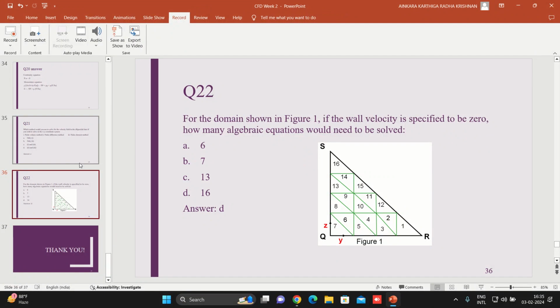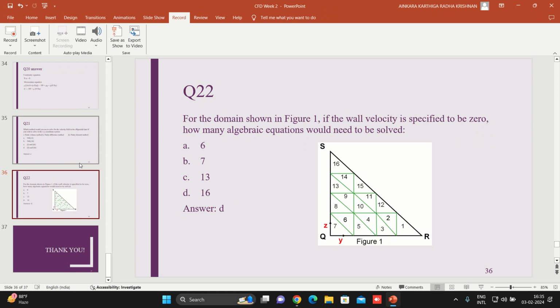After discretization, the entire geometry is divided into smaller grids. For those grids, we write the discretized governing equations, and the partial differential equation, which was the initial case in the continuity equation or the momentum conservation equation, is now converted into algebraic equations.